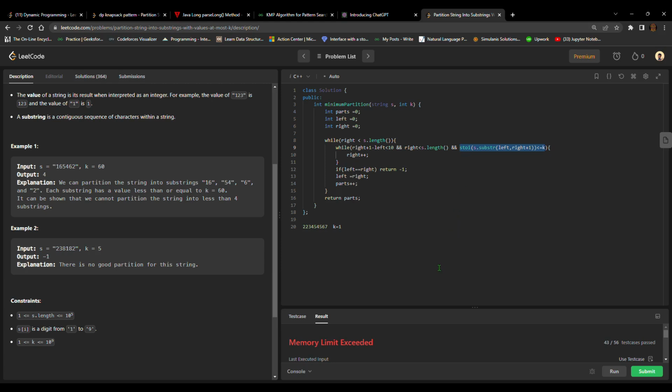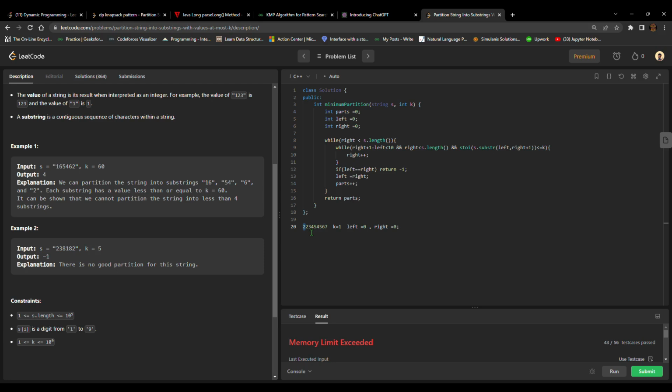If this condition goes false, my left remains unchanged, my right remains unchanged, and if left equals right, then return -1, because this number is not valid.